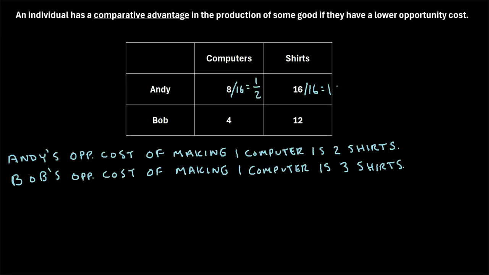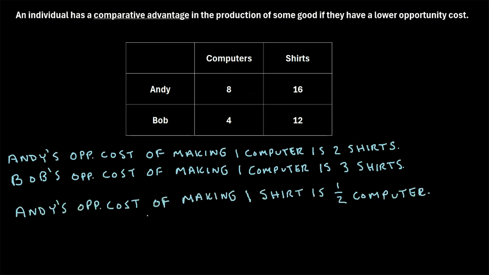So in other words, for each 1 shirt he makes, he's giving up the production of 1/2 of a computer. So in other words, his opportunity cost of making 1 shirt is 1/2 of a computer. So let's write that down. So Andy's opportunity cost of making 1 shirt is 1/2 of a computer. This is what he's giving up each time he decides to make 1 shirt.